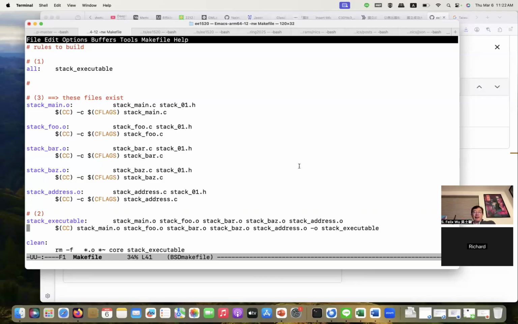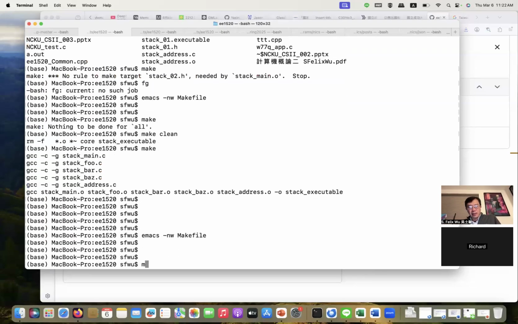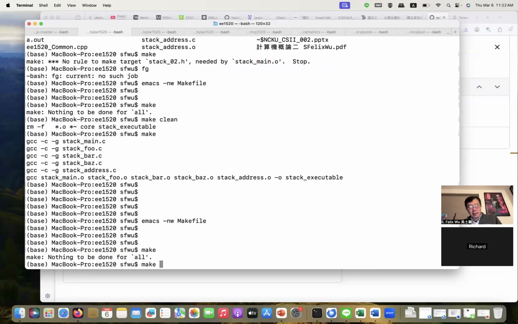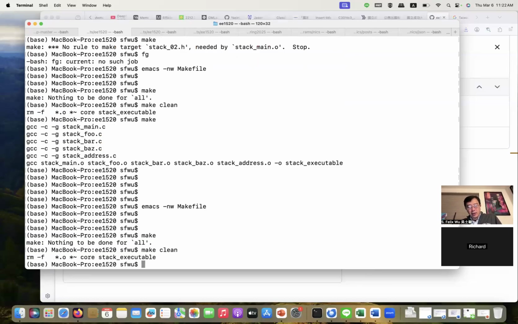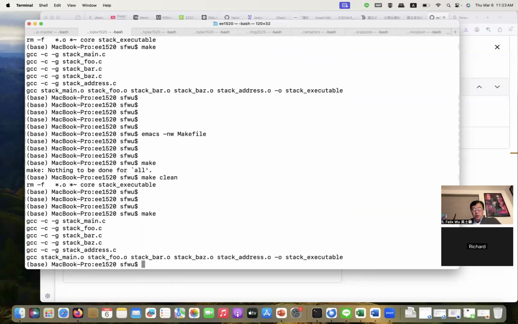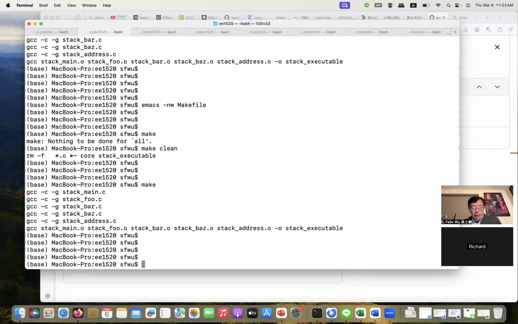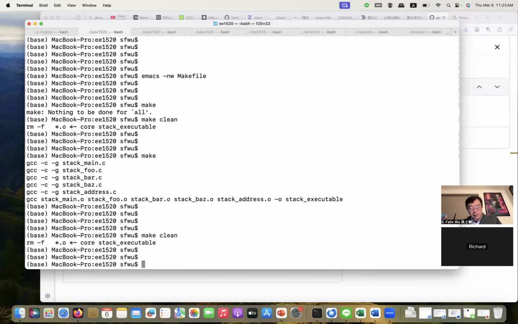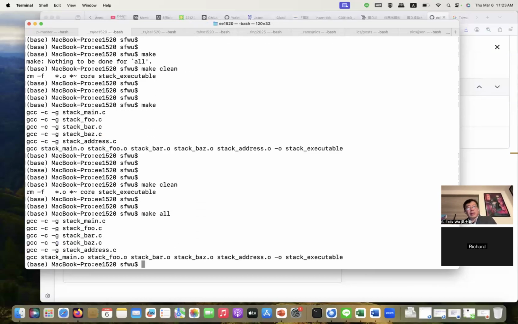Okay, so first let's take a look at this. When you type make, by default it is going to invoke the first rule, which is called all. By the way, I do want to say this is a convention that the first rule is always all. You can either just type make, or you can say make all.